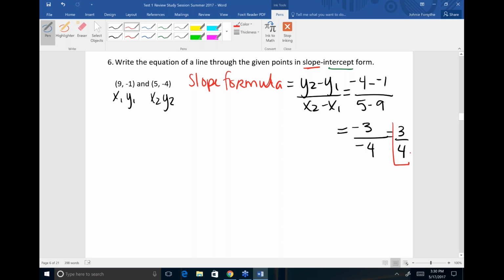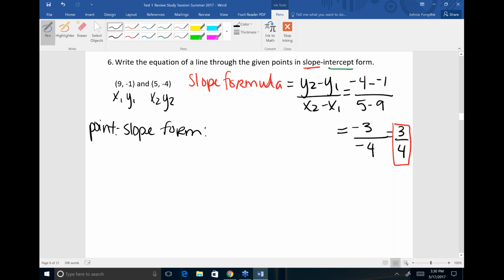So we just found the slope, but that's only half of what we need to get our equation. So we're going to use another form to help us get to that equation, and that's point-slope form. And this is a really helpful form because all you need when you're using this form is, what do you think? A point and a slope.